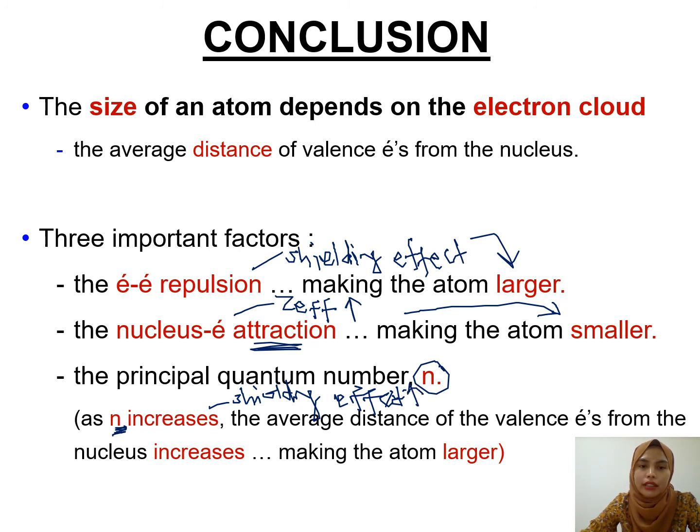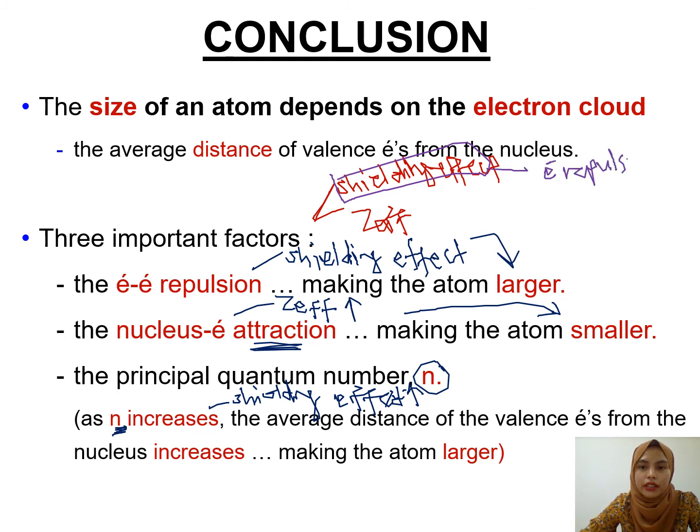In essence, it depends on only two factors, which are the shielding effect and also the effective nuclear charge. What contributes to the shielding effect? Electron repulsion and also the number of shells.